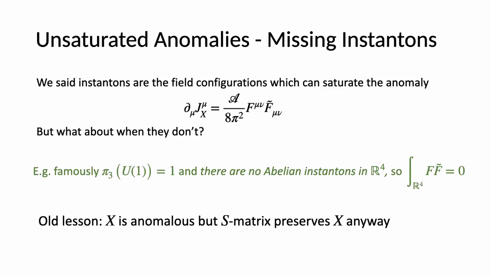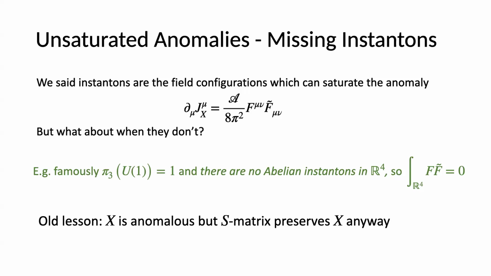U(1) as a group, it turns out, does not have enough internal richness, measured by a topological quantum number, a homotopy group, to non-trivially wrap the boundary of Euclidean space, which means that there are actually no abelian instantons in R^4.